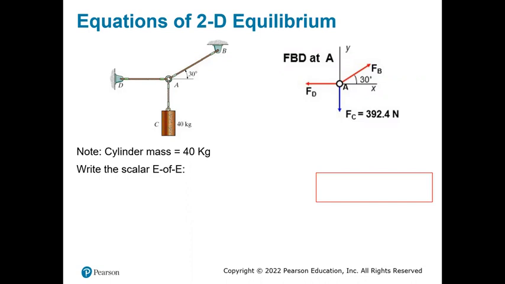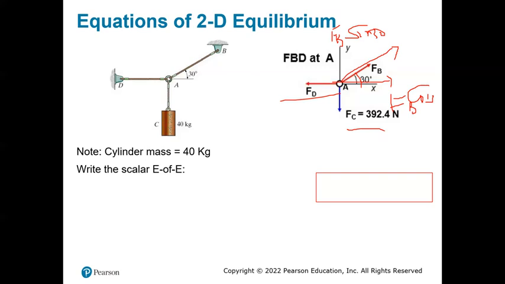It's very easy to get the x and y components. If you have a force, and the angle is given, we get cos and sine. So in the x direction, I know this force FB is making 30 degrees with my horizontal. So FB cos 30 will give me the horizontal component, while FB sin 30 is going to give me the vertical component. FD is acting in the horizontal direction, so no vertical component. And FC is acting in my vertical direction, so there's no horizontal component.